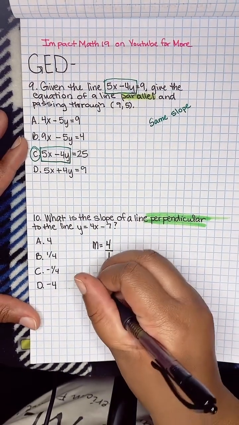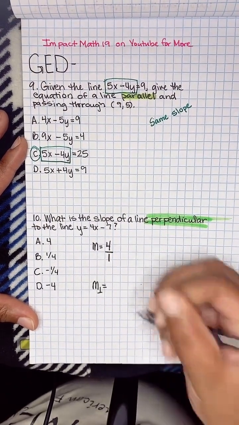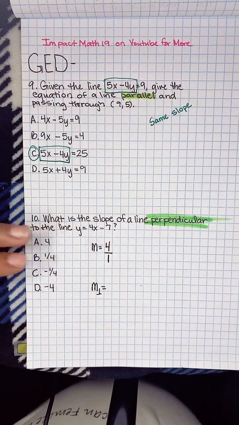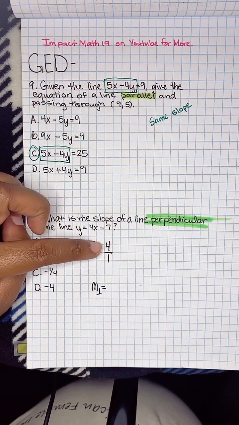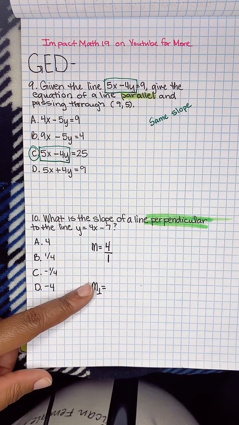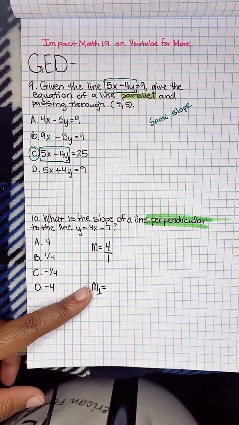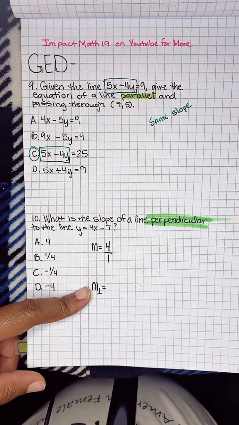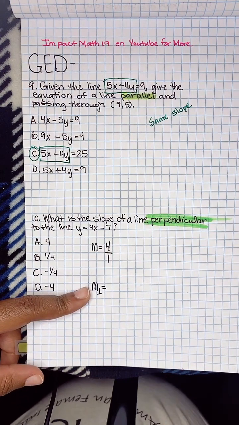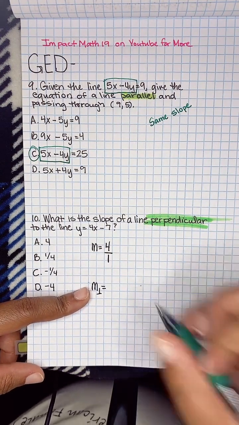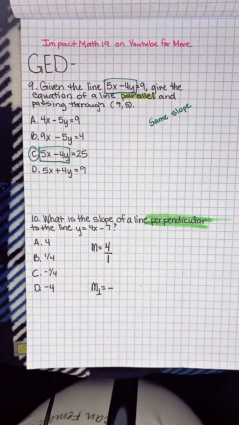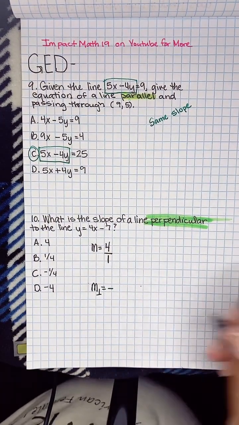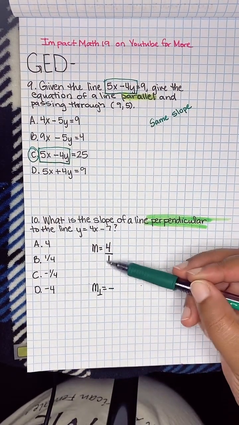So if we have to write the perpendicular slope, remember there's 2 conditions. If this is a positive, this has to be a what? A negative. Good. That's the first condition. So now we have a negative. The second condition that we have to do is what?